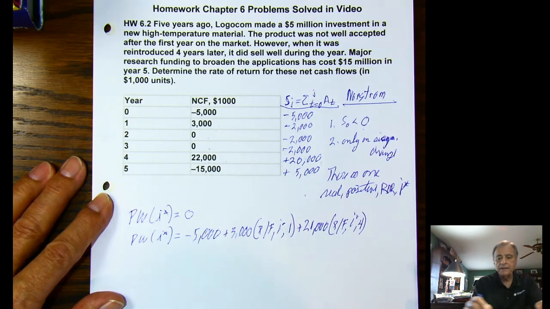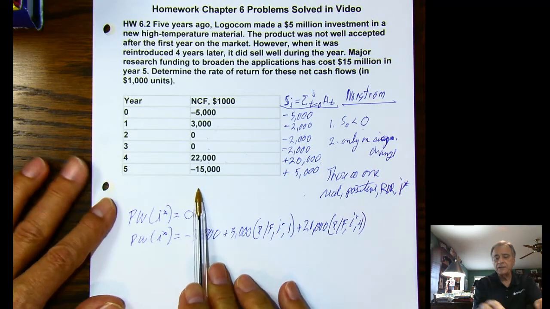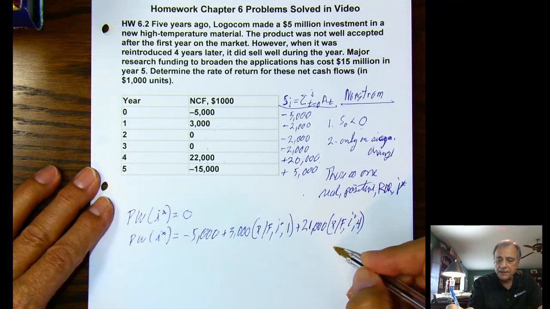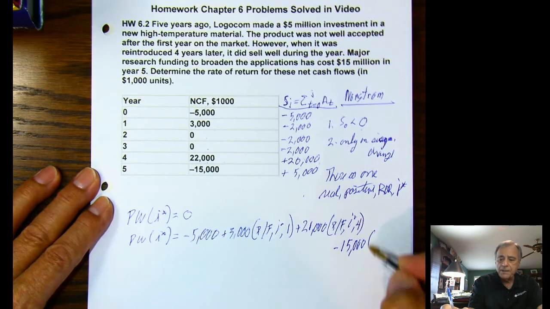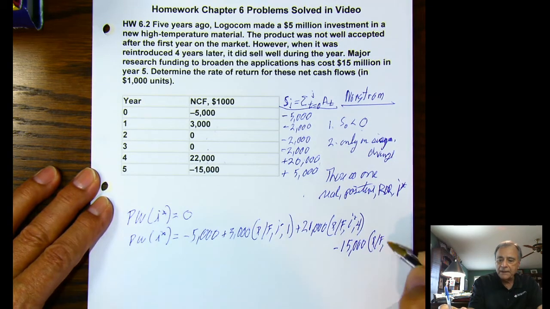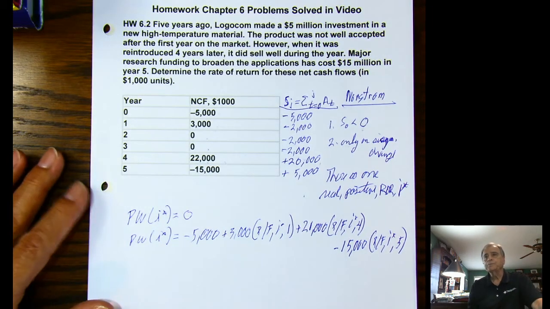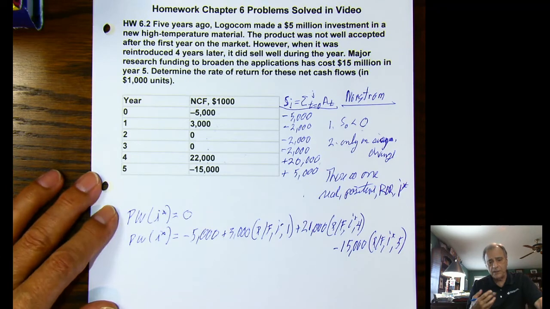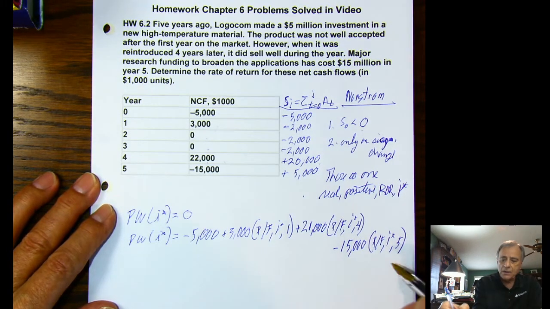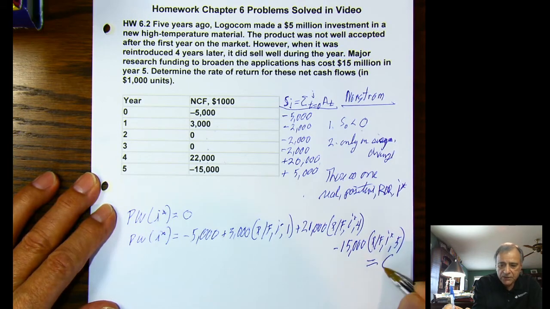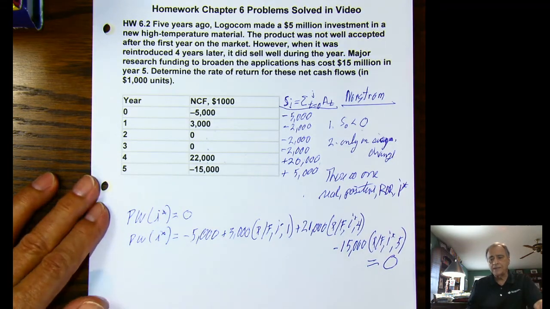And then finally, we have minus 15,000 at year 5. So I'll put that down here. I ran out of room. Minus 15,000, P given F, I star, and 5. And so now we have to solve this equation. We set the equation equal to 0 and solve for I star.